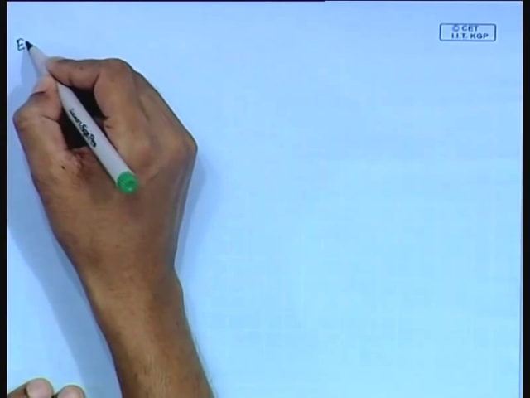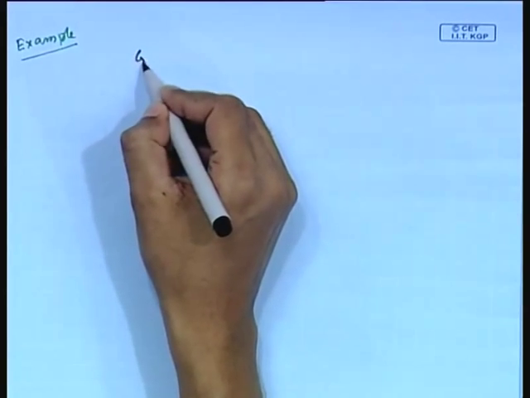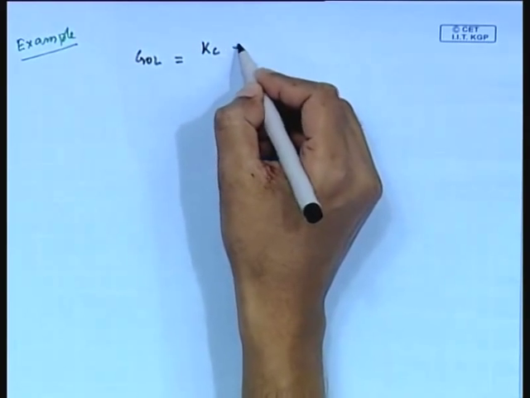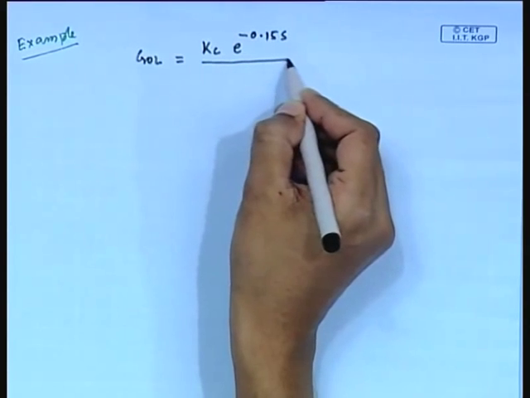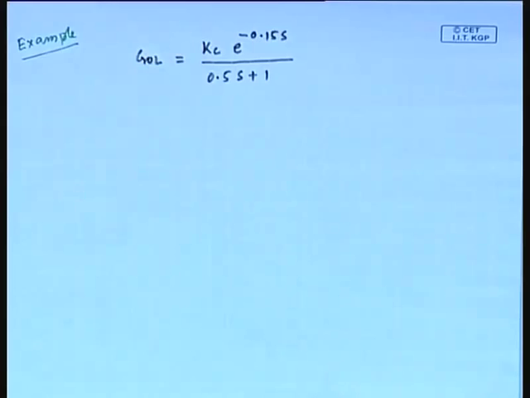Next, we will solve one problem in which we will apply this Ziegler Nichols technique for finding the tuning parameter values. Example: open loop transfer function is given as Kc exponential of minus 0.15 s divided by 0.5 s plus 1.